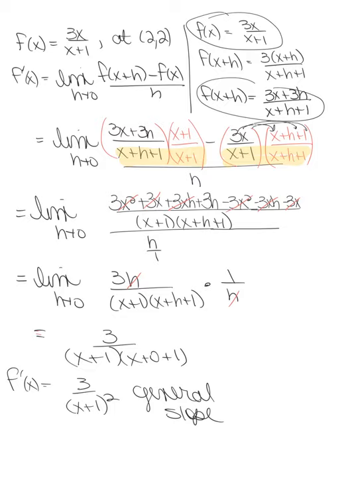So getting back to our prior, we started out with f of x being equal to 3x over x plus 1, and we wanted to be able to write the equation of the tangent line at the ordered pair 2, 2. We found our general slope f prime of x was equal to 3 divided by x plus 1 squared.